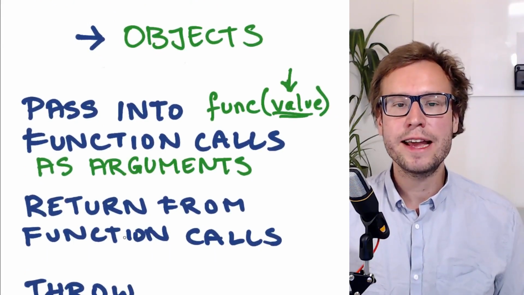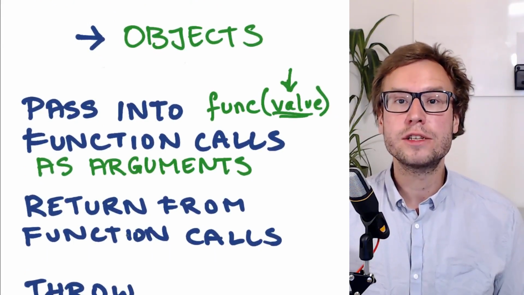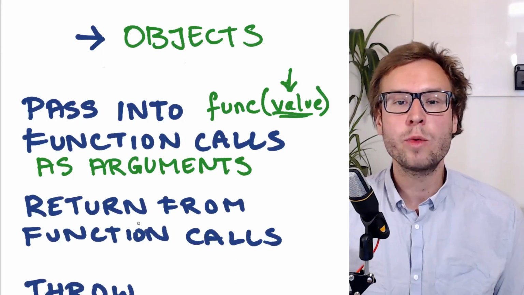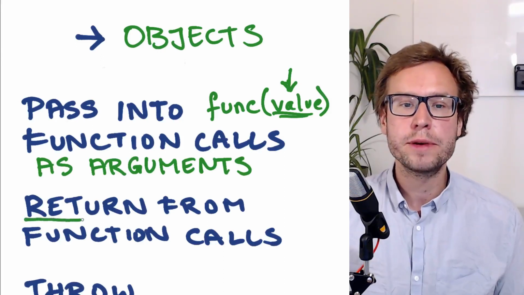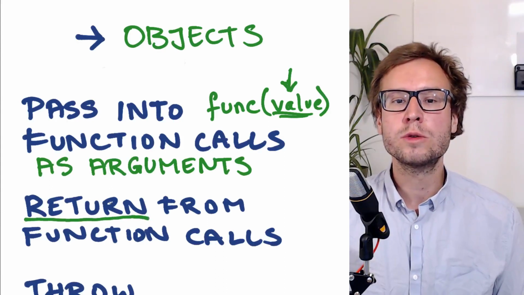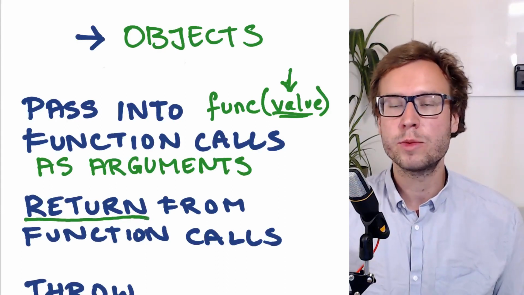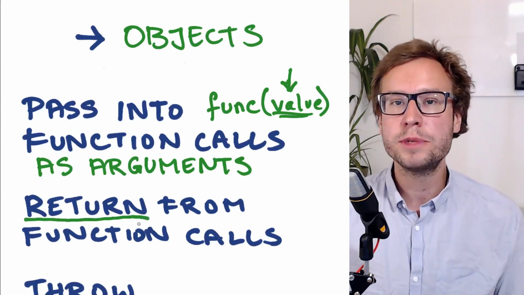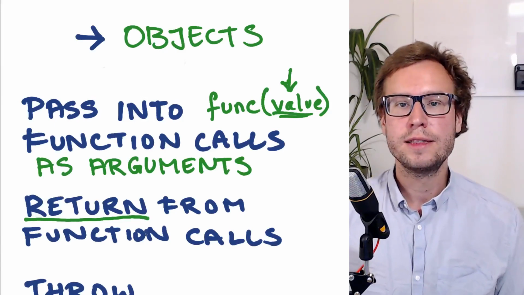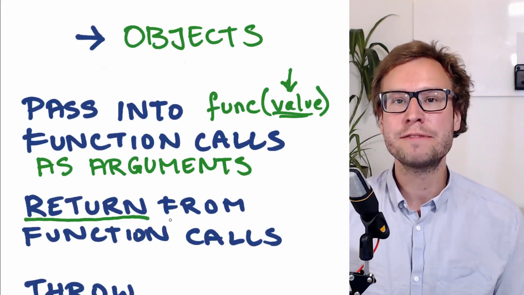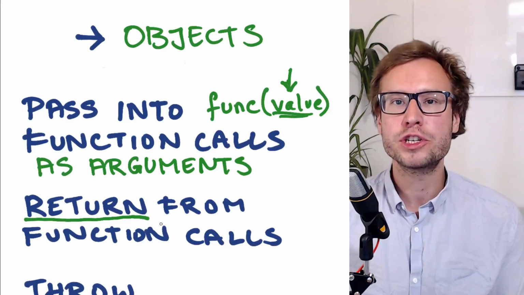It doesn't end there. You can also return values from function calls. Anywhere where you have a return statement inside of a function, what comes after a return statement? Well, it could be whatever you want, and it could be a function value as well. Now that's cool because that means you can have a function that returns functions.